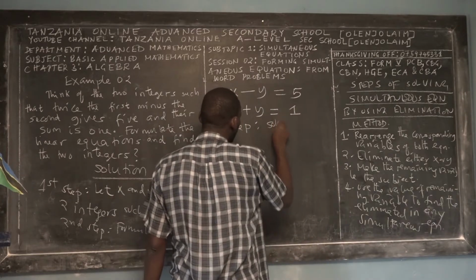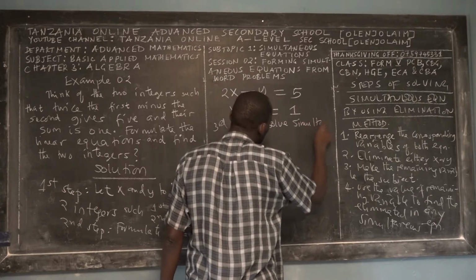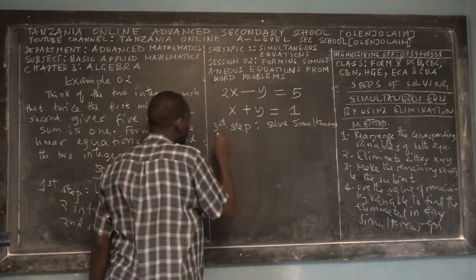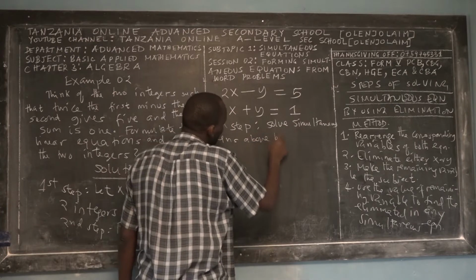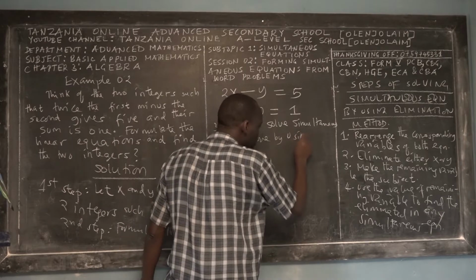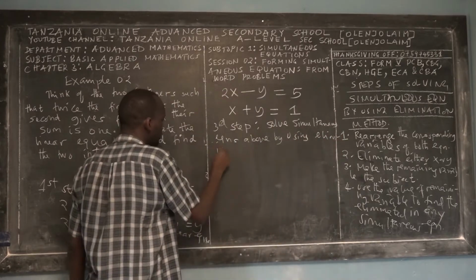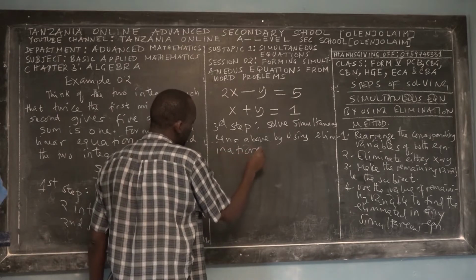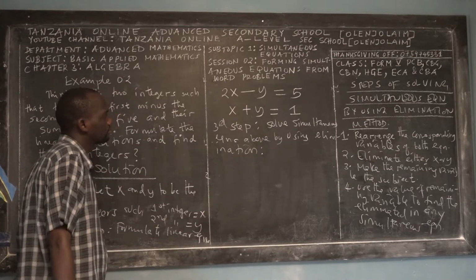So we can solve the simultaneous equations above. You can use either method, but let us begin by using the elimination method so that you can practice those previous methods.